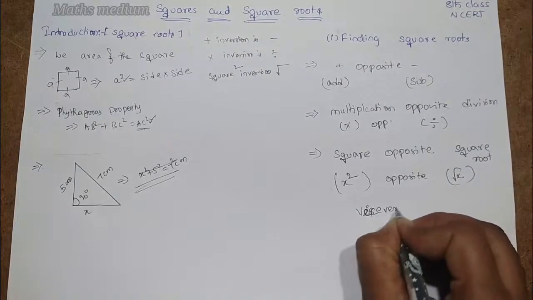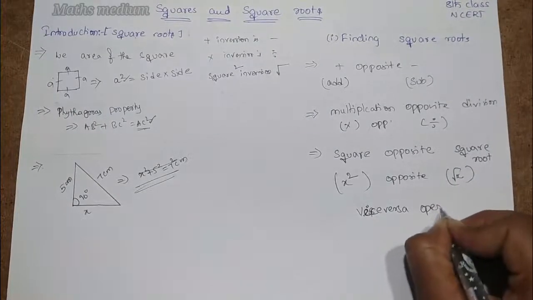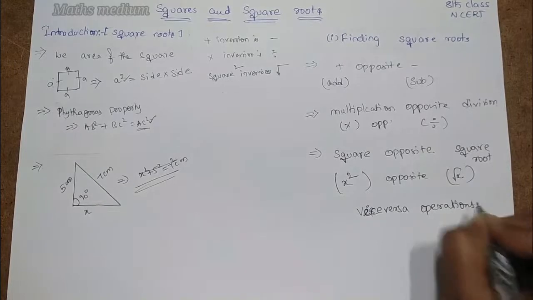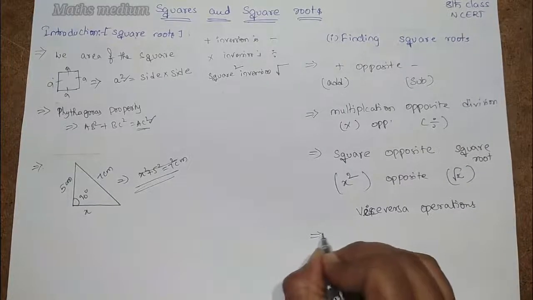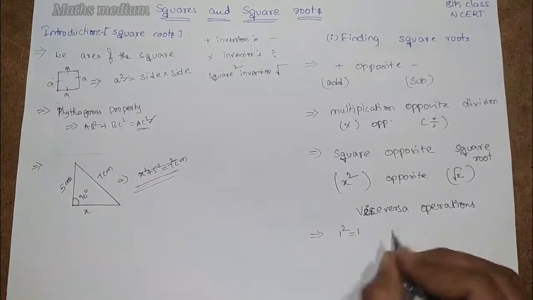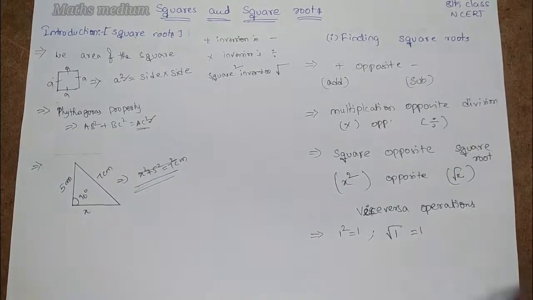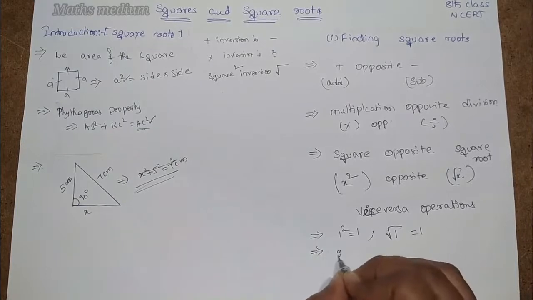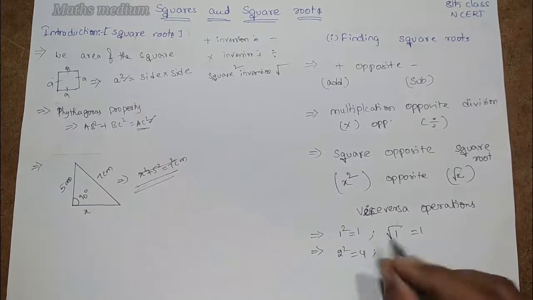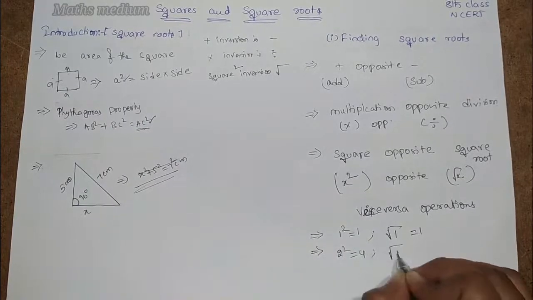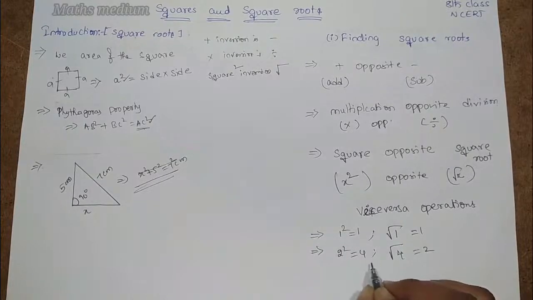These are the vice versa operations to find the square roots. For example, 1 square is equal to 1. Now the square root of 1 is 1 again. If you take 2 square is equal to 4, right? Now the square root of 4 is equal to 2. Can we write like that? Yes, we can.